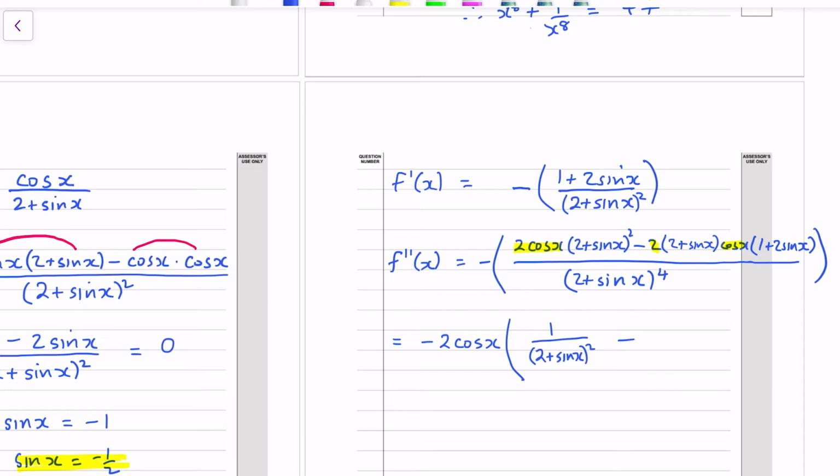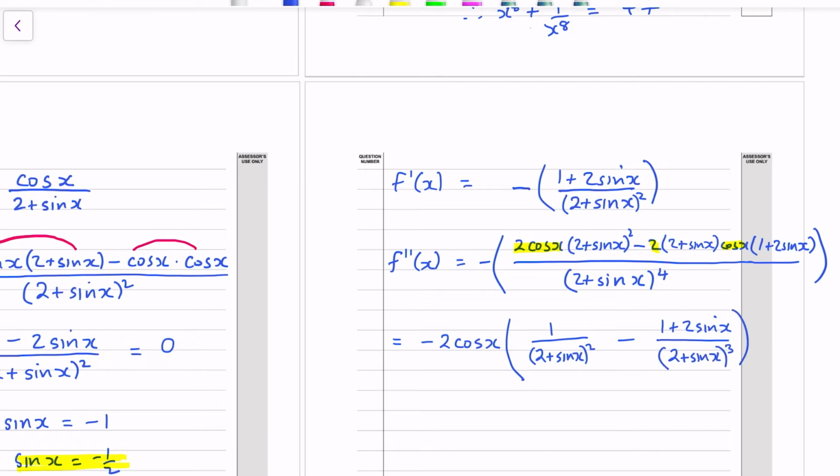And then the 2 plus sine x cancels. So we cancel those with 2 underneath. And then that one's going to cancel off with one of the ones underneath and make it a 3. Just be careful when you're setting out your cancellation that the working still follows accurately. We've got 1 plus 2 sine x on the top. We've got 2 plus sine x cubed on the bottom.